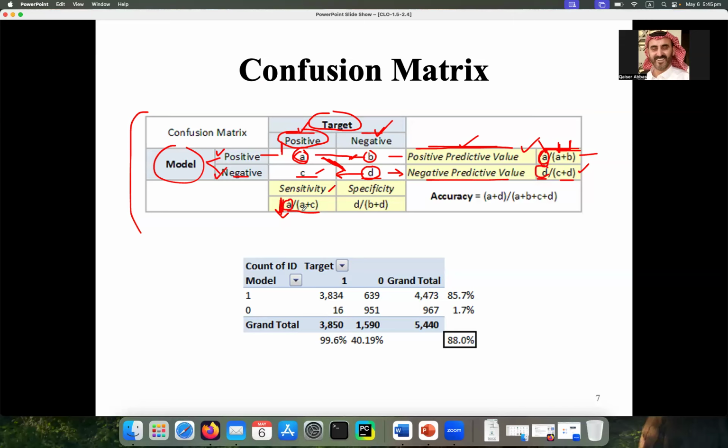But this is divided by A plus C, not A divided by D. And A plus C is what? A is positives which are predicted positive. And C is what? Positives, but predicted negative.